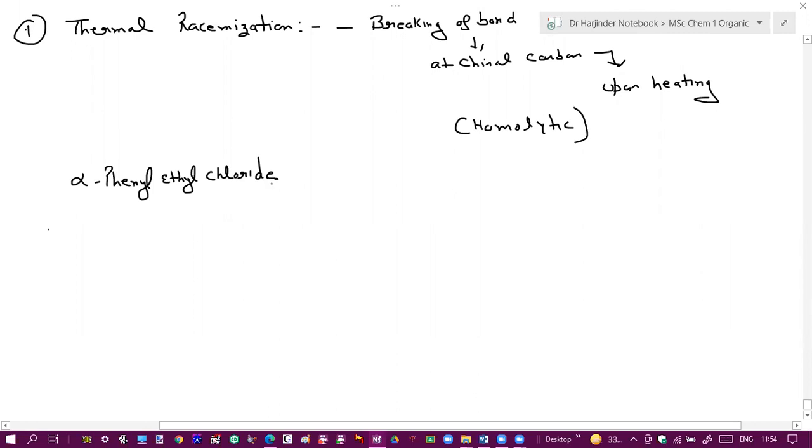At the alpha position, you have which groups? This is simply your ethane. You need ethyl, so that means these hydrogens are substituted. At which position substituted? Alpha position. So here you have a phenyl and here you have chloride. You remove two hydrogens. So this is your alpha phenyl ethyl chloride.